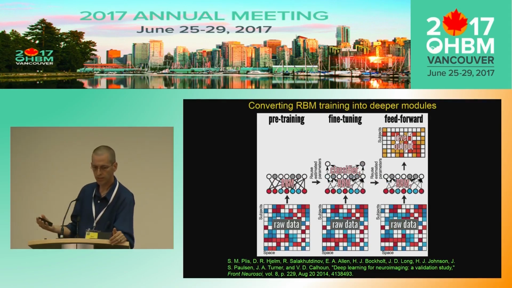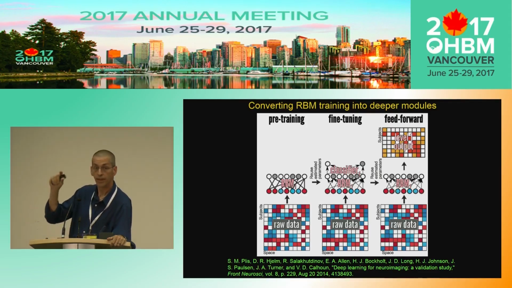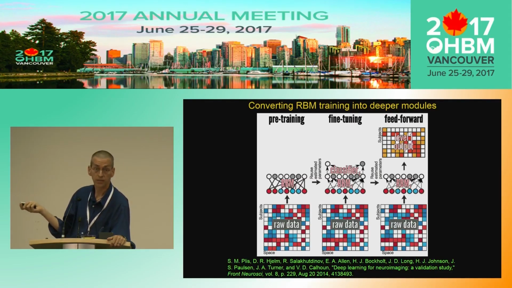Well, one way to do this, at least the initial approach, is called pre-training, where essentially you train one layer at a time. So you fix all the layers and you just train the first layer with the data. And you tune it based on what your objective is, classification in this case.